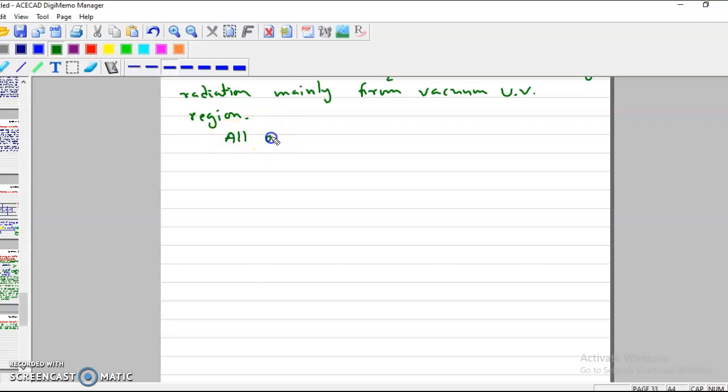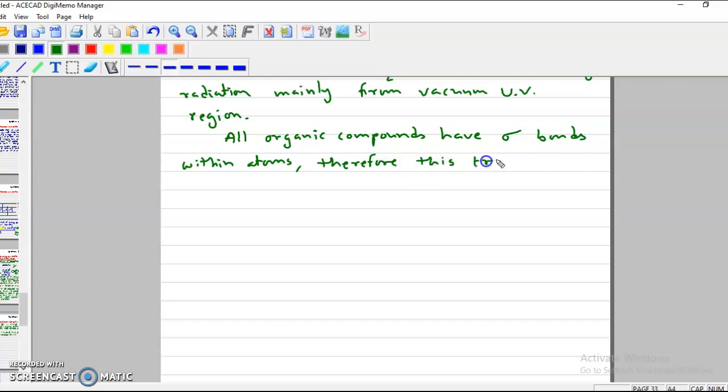All organic compounds have sigma bonds within atoms. Therefore, this transition, that is sigma to sigma star transition, is common for all.